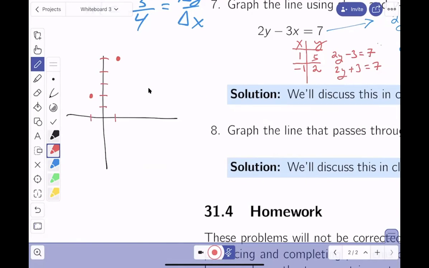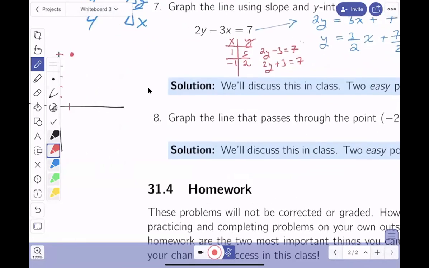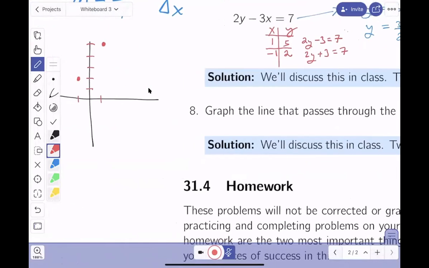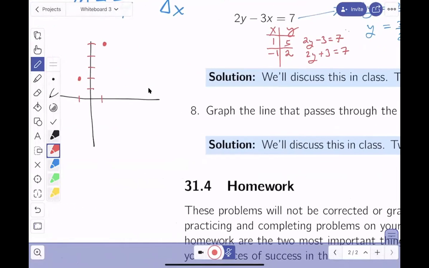And again, I'm not saying it's easy for you, and I'm not looking for perfection, I'll be honest with you. By the way, I also want to plot the y-intercept, which is 7/2. Now, 7/2, I think you probably know, is 3.5. Let's draw a line through that.